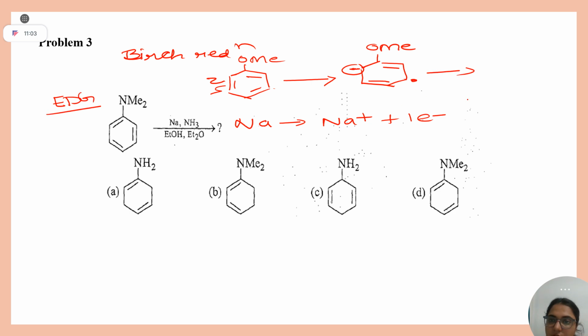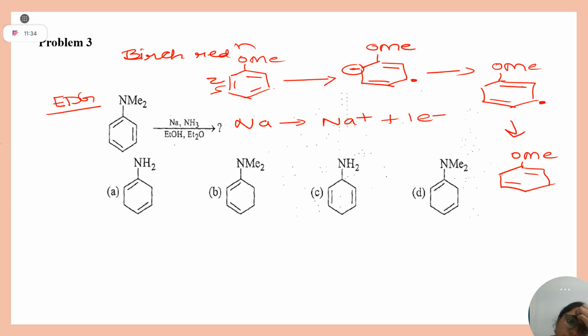Now you have a protic solvent like ethanol, which will give proton, and again this metal will give an electron to this radical as well, and it will be quenched by your protic solvent, which is ethanol here, right?